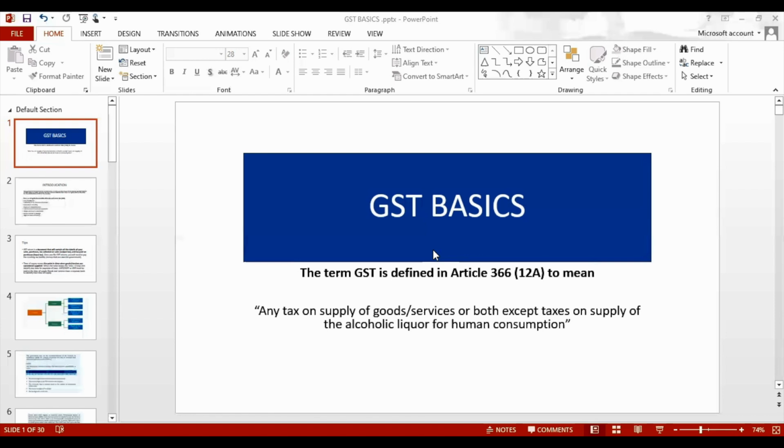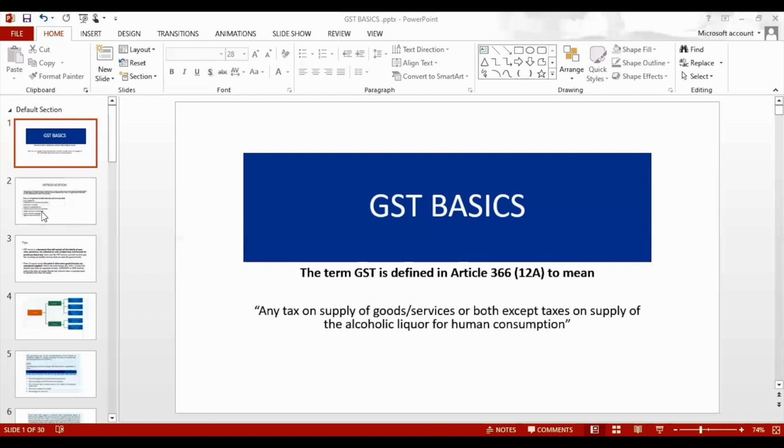It's not only for goods, not only for services, but both. Except taxes on the supply of alcoholic liquor for human consumption, because it is charged under another tax of the government. Whether it is goods based or service based, normally we can calculate GST. So in that article, we define the definition of GST.